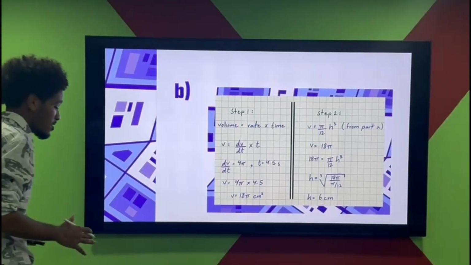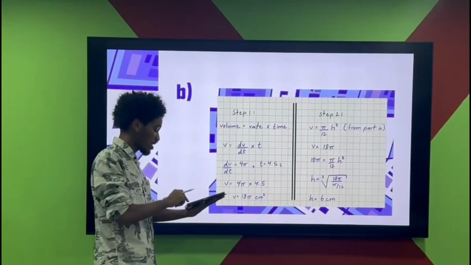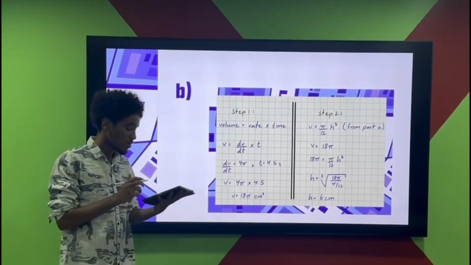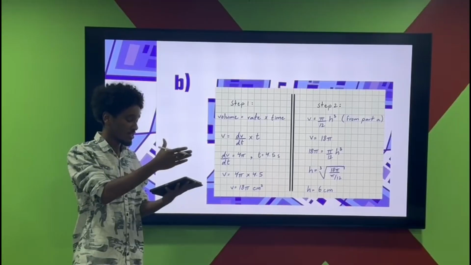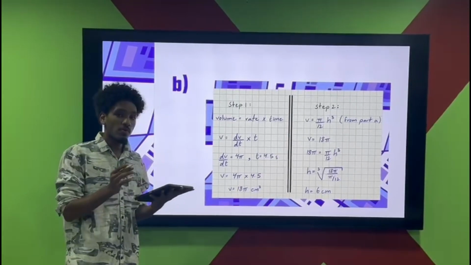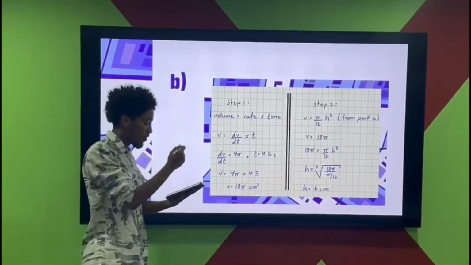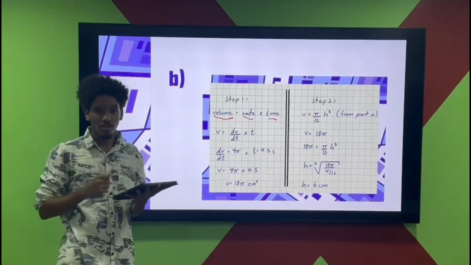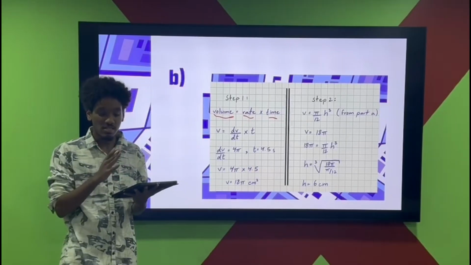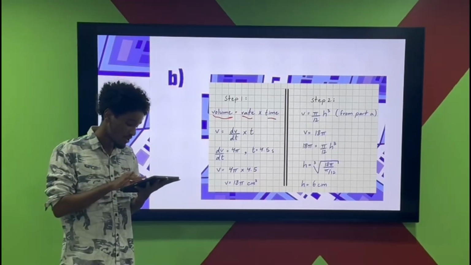Okay. So now we'll be talking about part B. So in part B, step 1. We have the equation volume is equal to rate multiplied by time. We got this equation back in high school. Easy stuff. You must know this. Okay.